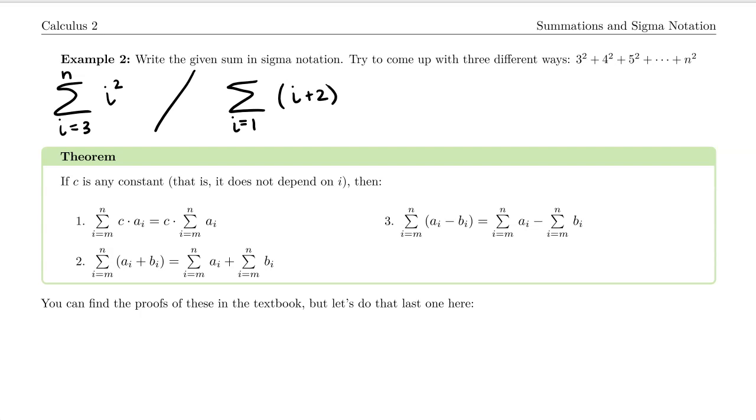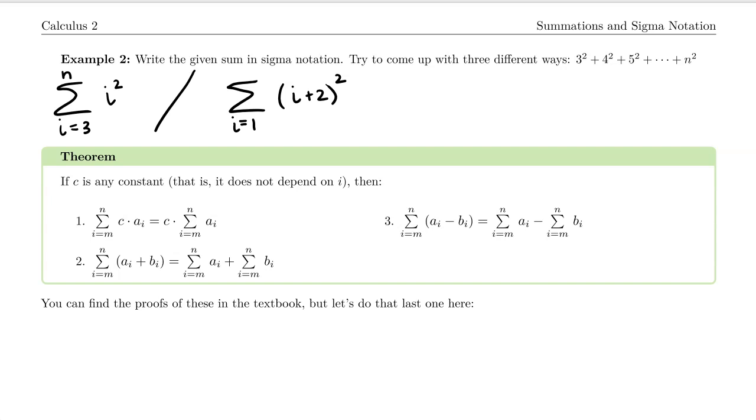So I'd have i plus 2, and I would need to square that. And so if I plugged in i equals 1, then I'd have 3 squared. If I plugged in i equals 2, then I would have 4 squared. So that seems okay. But something to note is that we would need to stop earlier.